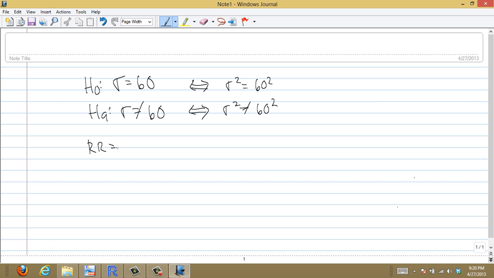This is a two-tailed test, as I'm sure you all noted, and so we need to compare our test statistic to the alpha over 2 quantile of the chi-square distribution, which here is denoted as chi-squared of 0.95, or the other situation where we reject the null hypothesis is when the test statistic is greater than the 1 minus alpha over 2 quantile, which is going to be chi-squared of 0.05 in this case.